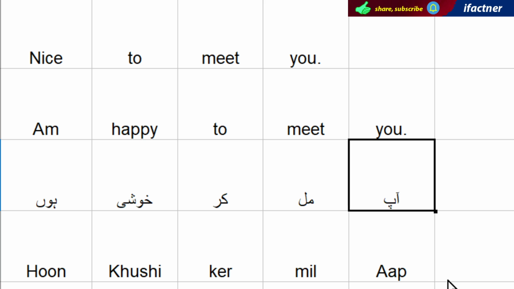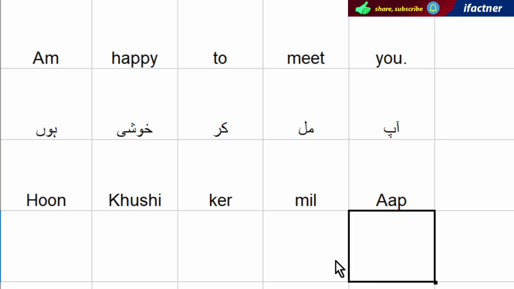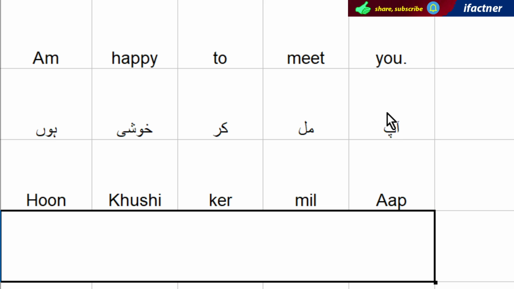Now to form a sentence, we will say आपसे मिलकर खुशी हुई. So we will start with the object which is aap, and we will say आपसे.